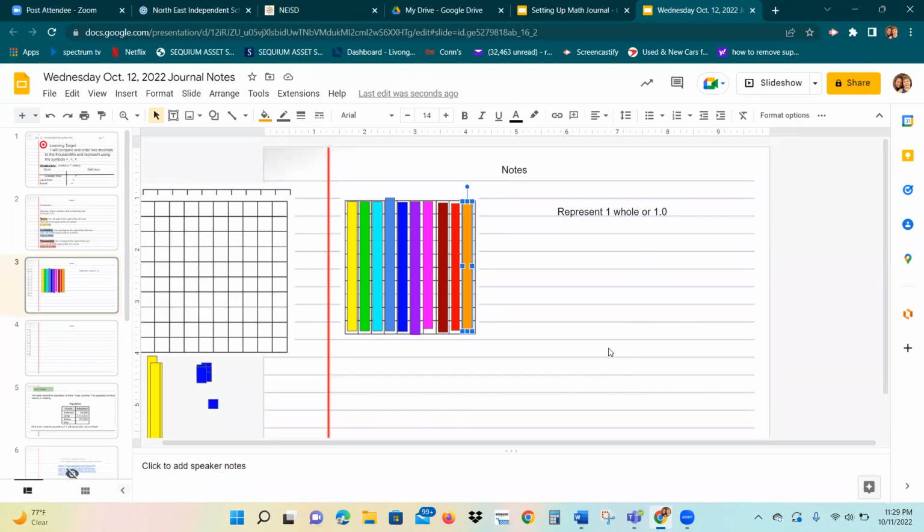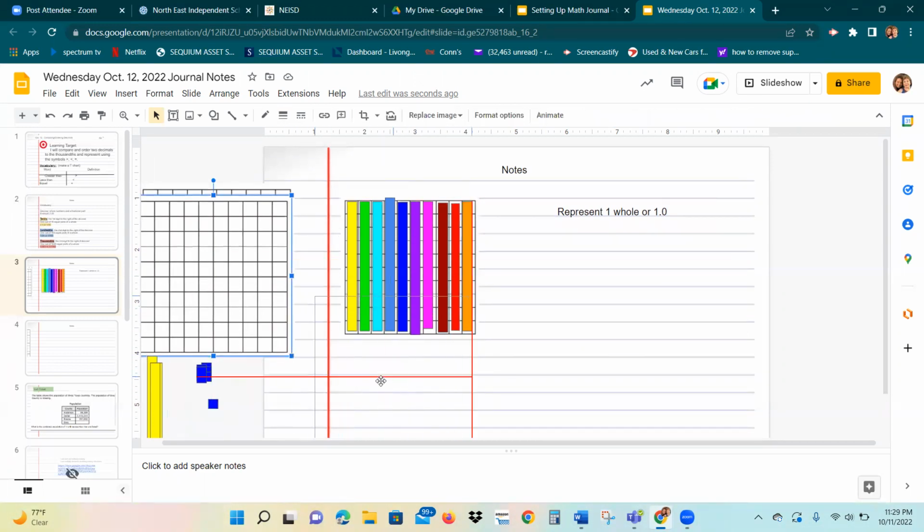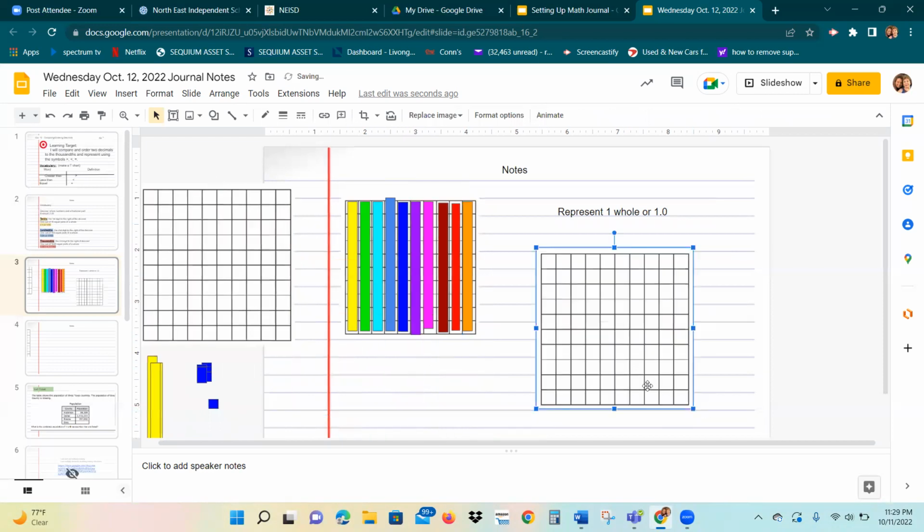Okay, because my pages are only half a sheet, you're going to continue right below. And so you're going to place the next one, and I will just make this one a little bit smaller.